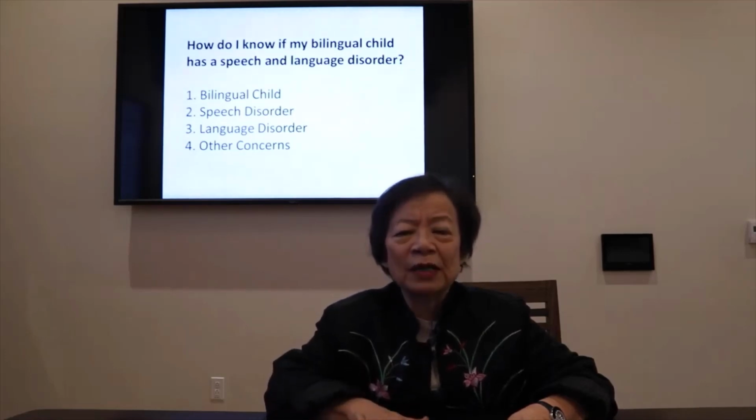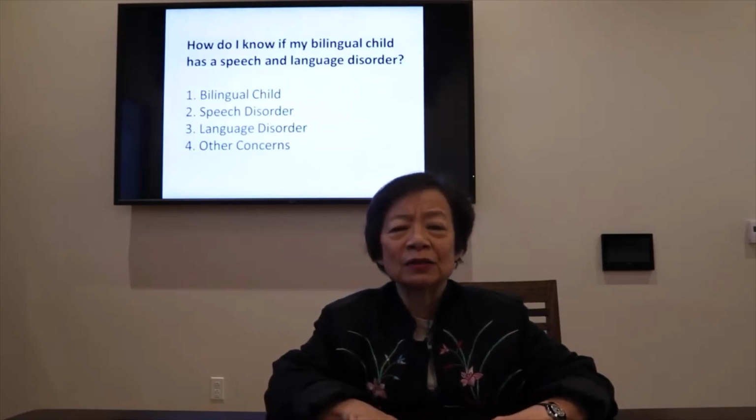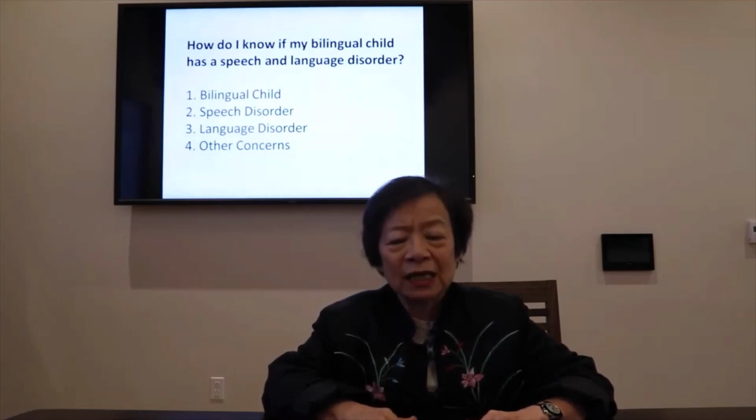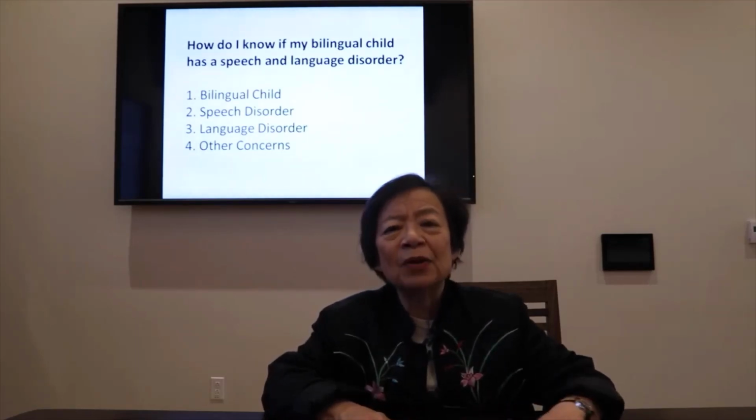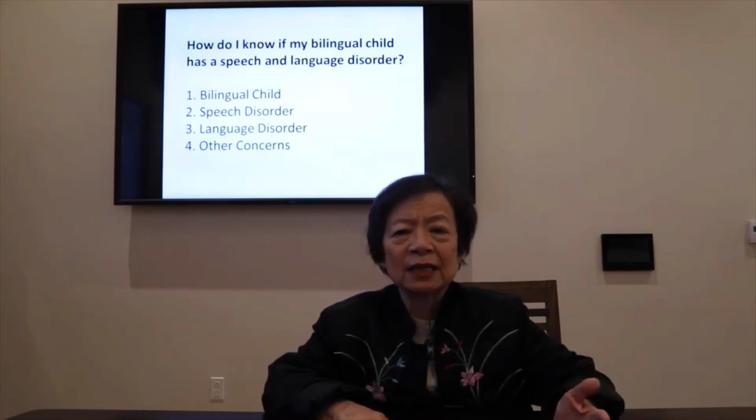The first part is the person may have difficulty reading this language, whether it's Farsi, Mandarin, Chinese, or English. If reading is a problem, then we call it a reading disorder. And this person then cannot read easily.